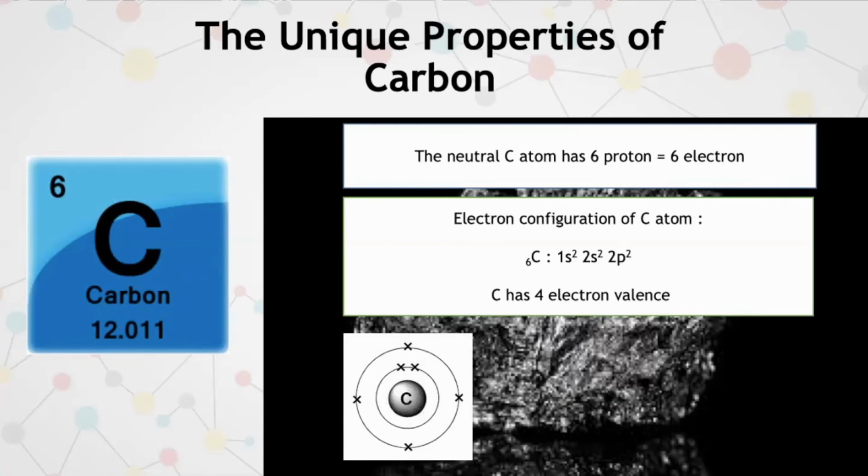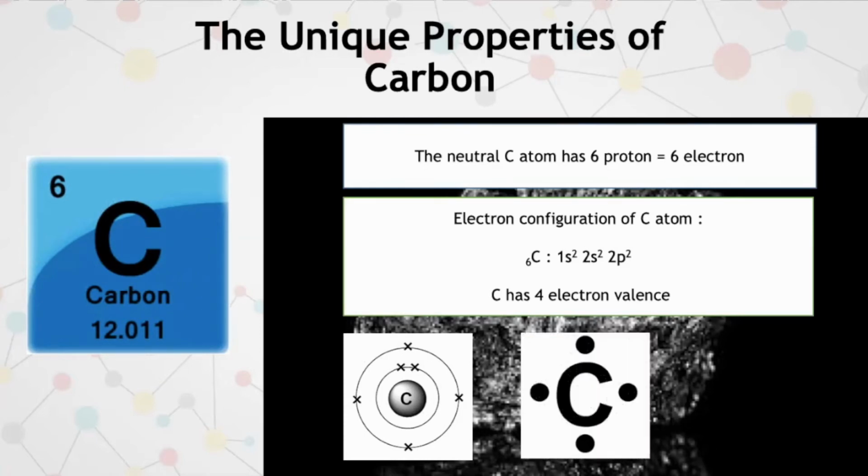This is the picture of the atomic structure. Shell number 2 has 4 electrons. And we can represent the valence electrons of C by this picture. C has 4 dots around it.